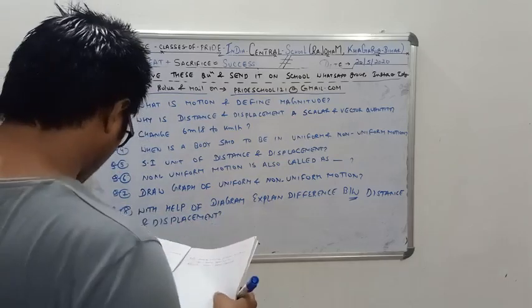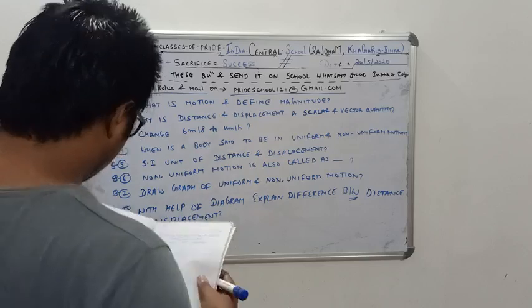Question number 9. A particle is moving in a circular path with radius r.